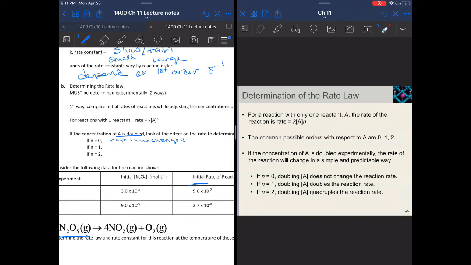If we double the amount of A and the rate also doubles, this is a first order reagent. If we tripled it, then the rate would triple. If we halved it, then the rate would half, right? And N equals 1, a reaction order of 1, means that whatever you do to the concentration, the same thing happens with the rate.